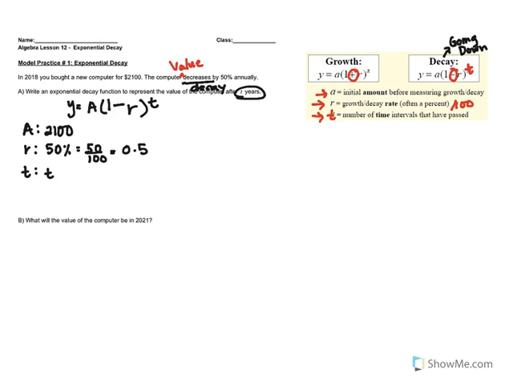So now I get to take all this information and substitute it back into the equation over here. So I have y equals, my initial amount A is 2,100, parentheses 1 minus 0.5, which is my R, my rate, to the t, because I don't know how much time has passed yet. And now I'm going to go ahead and simplify that.